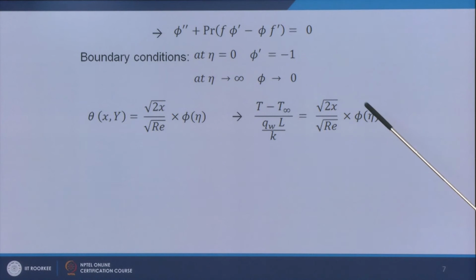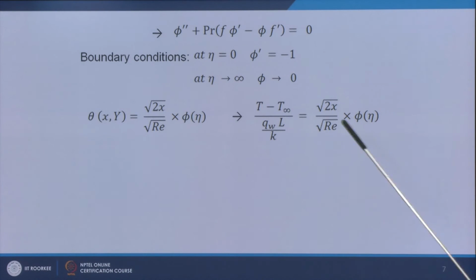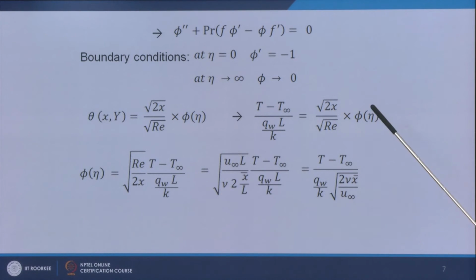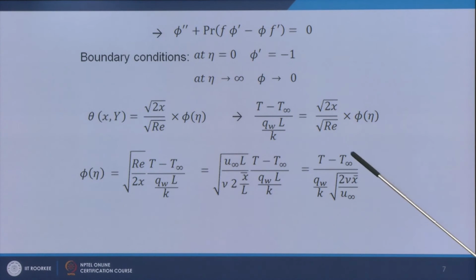And on the right hand side we have the function of phi, as we have considered the theta and phi equation like this. So if you proceed further, then phi can be written as T minus T infinity by Qw by k root over of 2 nu x bar by U infinity. So phi we have written in terms of temperature.